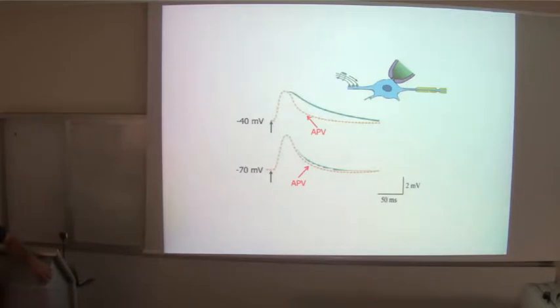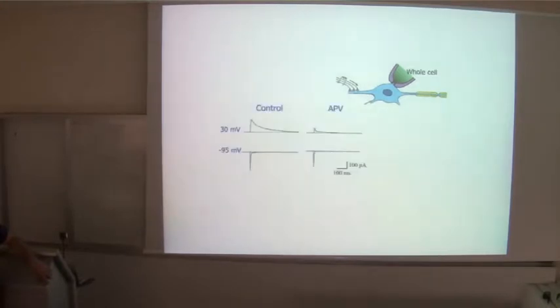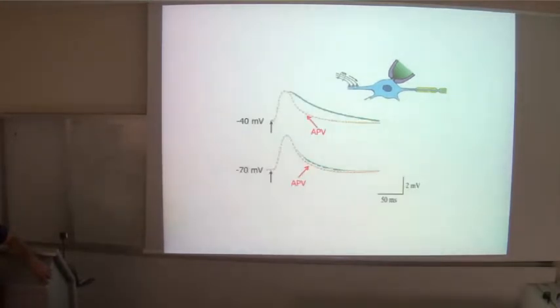However, if we depolarize the membrane to -40, then there's a big difference if you add AP5, and basically the difference between that curve and that curve is the contribution of the current that goes through the NMDA receptor. Okay.